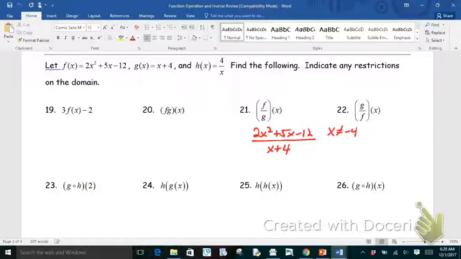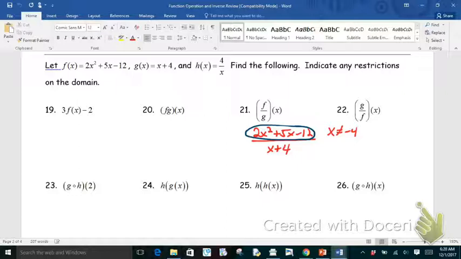Some things that I want to remind you are that we need to simplify. Before we turn in our final answer, I need you all to check to see if this can be factored. If it can be factored, you need to factor it. If an x plus 4 factors out of it, then it can cancel with the denominator.